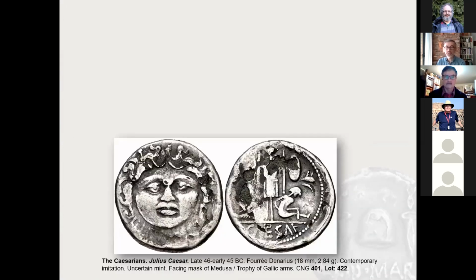I found this one most interesting. This is the last slide that I will share with you. It's a Julius Caesar Denarius from late 46, early 45 BC. It's like a contemporary imitation, but look what they did.